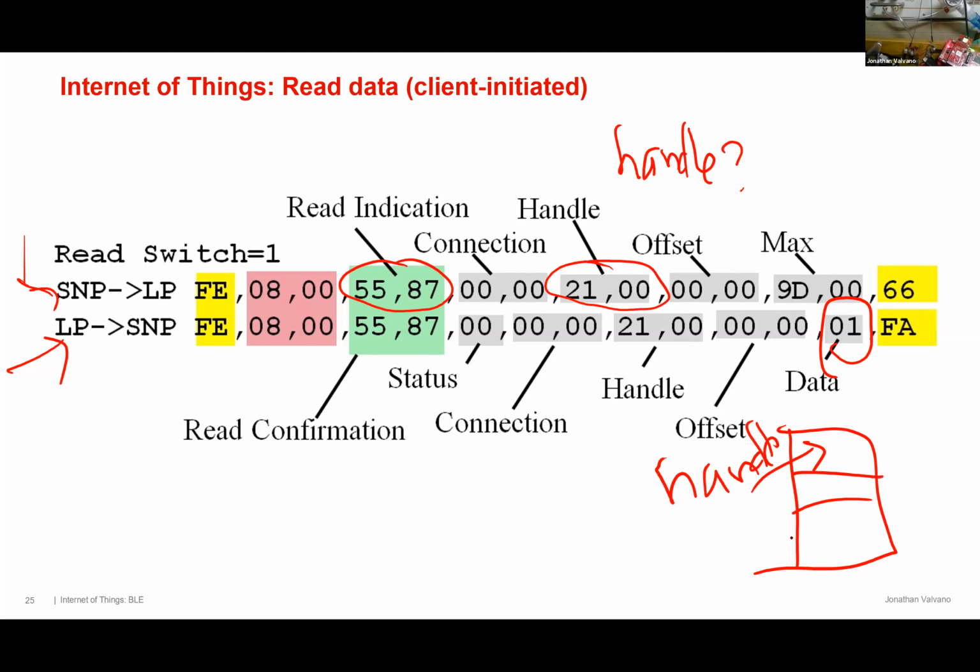It's a pointer to a whole bunch of stuff. And so this is a handle to characteristic number 21, and embedded in that data structure is all the information about that characteristic. Okay. So rather than sending all of it, then, yeah, okay.